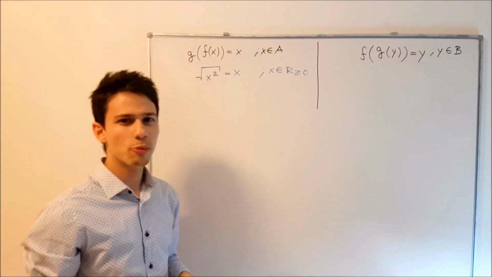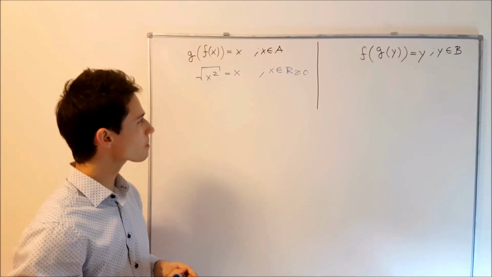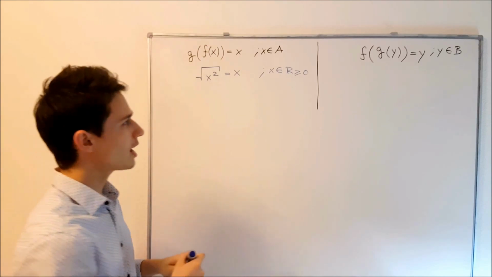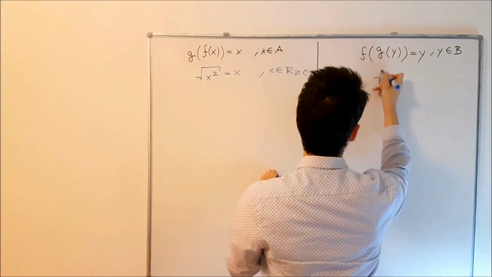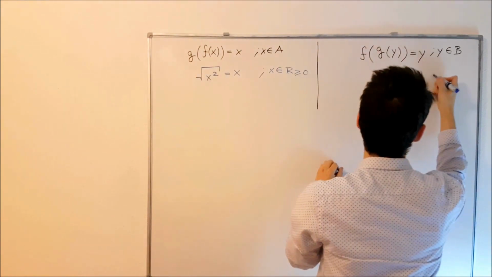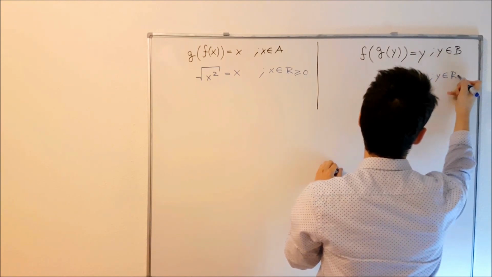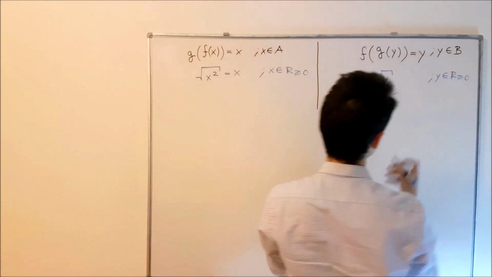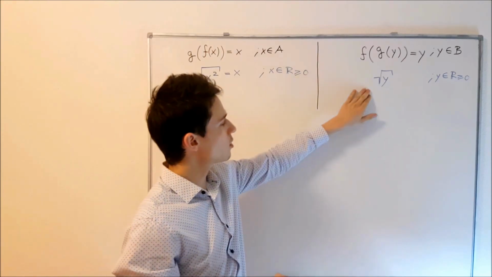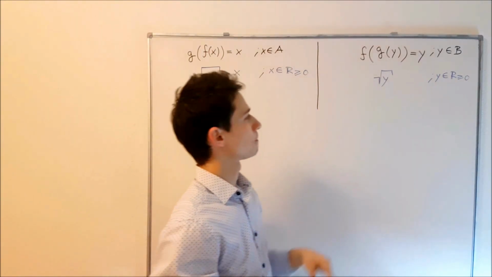I'm going to do a separate video on this, which is going to appear up here. Now let's say we have the function square root of y, where in this case obviously y has to be in the real values which are also greater or equal to 0, because the square root can only be taken of such values.